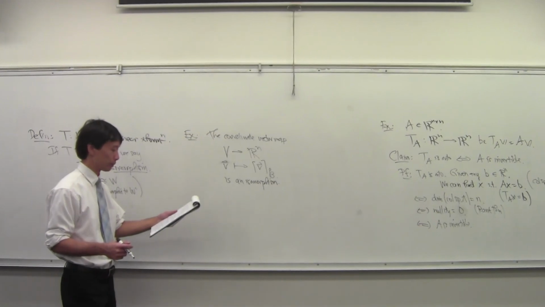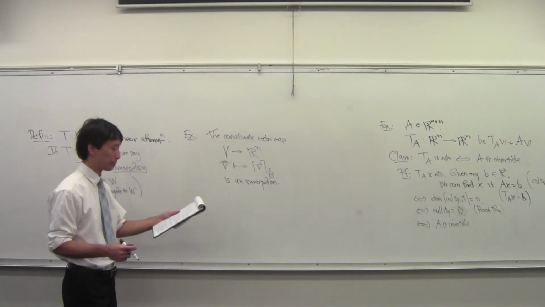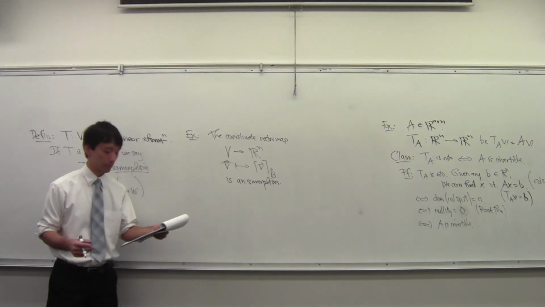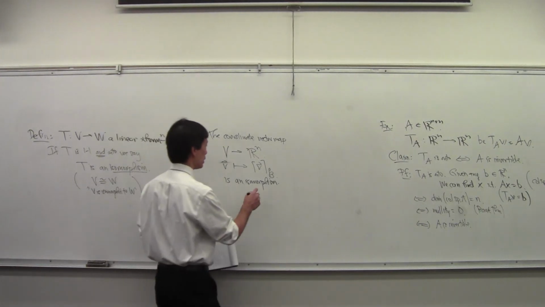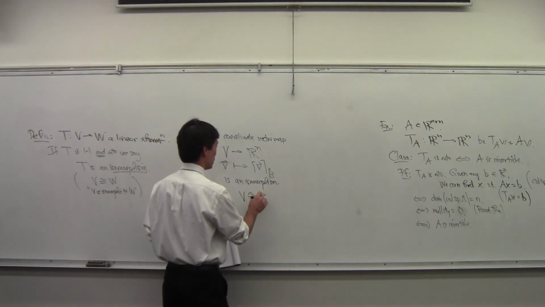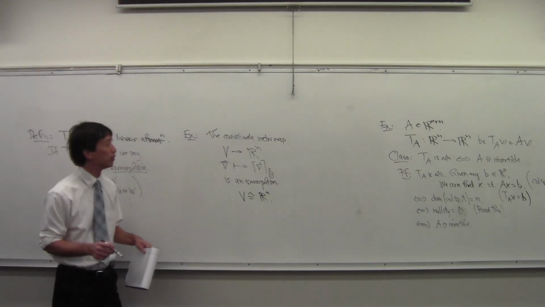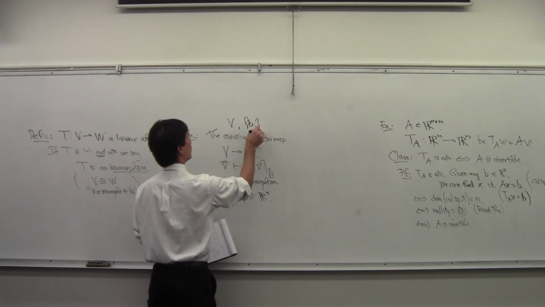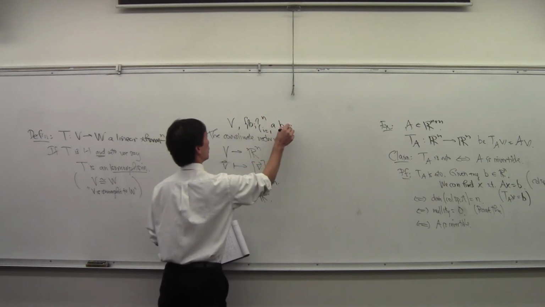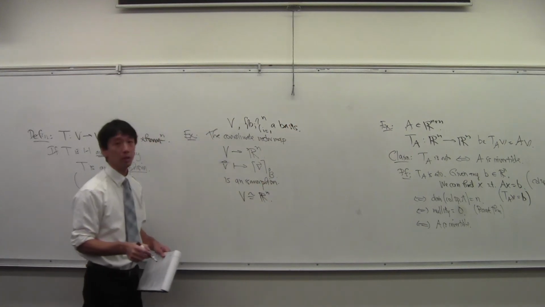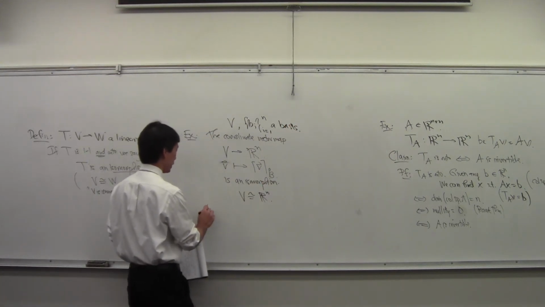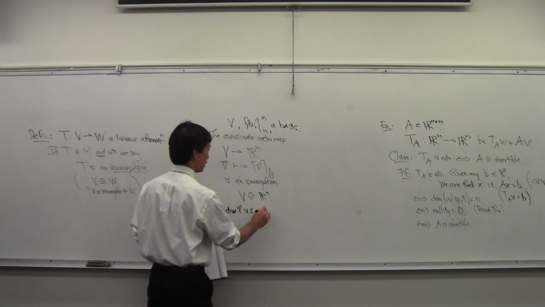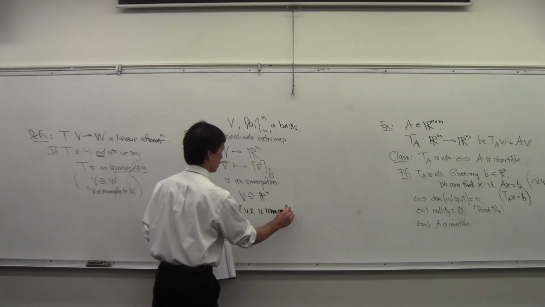So this is an isomorphism. In other words, what this is saying is that any n-dimensional vector space is isomorphic to Rn.